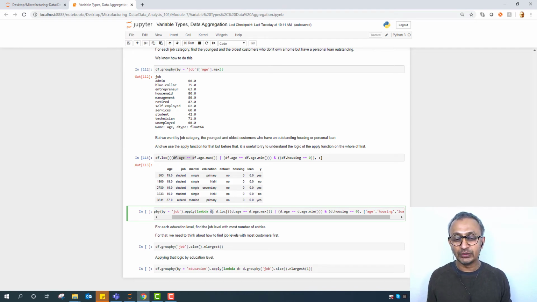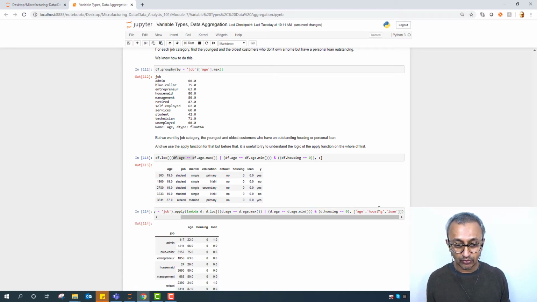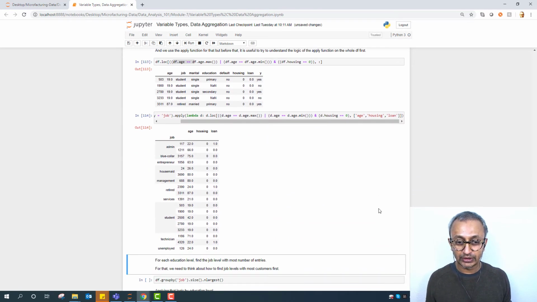It could be x, it could be anything. You apply to this d.loc. This is the data frame it is going to apply to, this entire clause, and you want to filter by the three columns you want: age, housing, and loan.